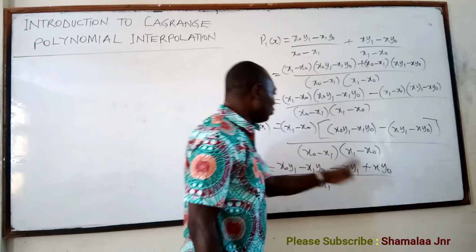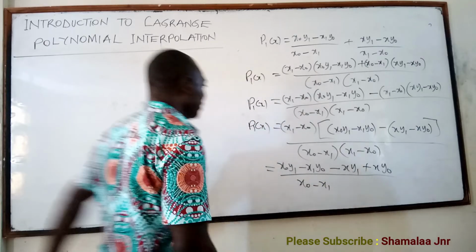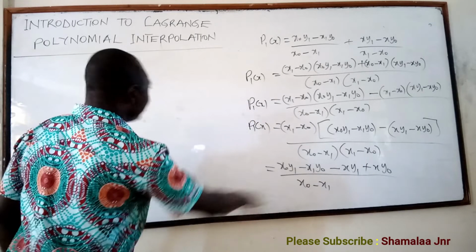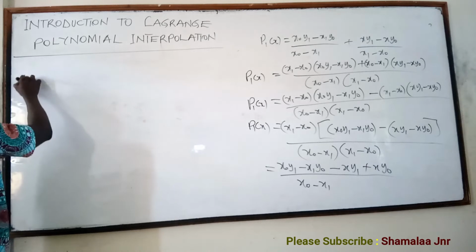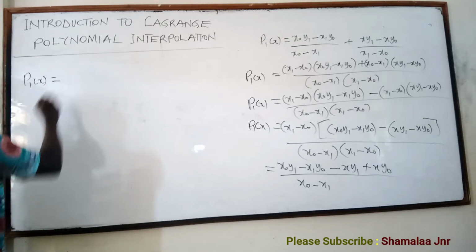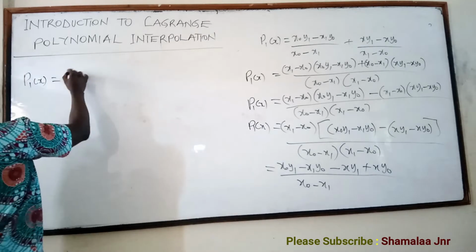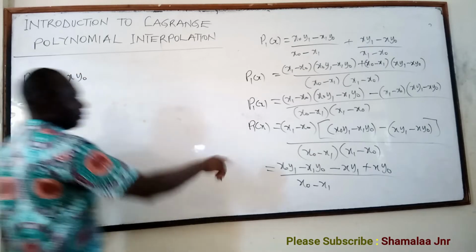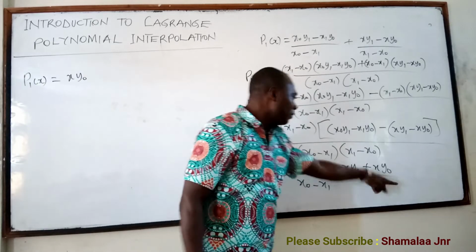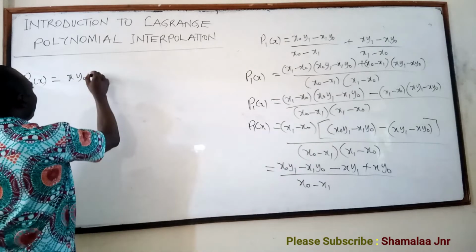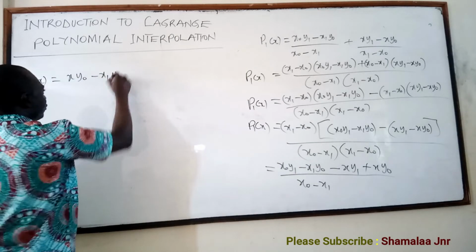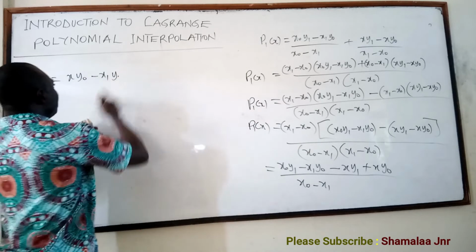The y0 should go to one side and the y1 should go to one side. So let's start with the y0. So you're going to have p1 of x is equal to x y0. Let's begin with the positive. x y0 minus x1 y0. Are you seeing it?